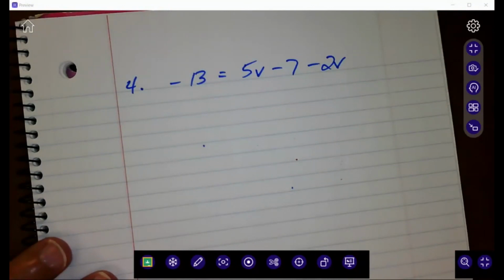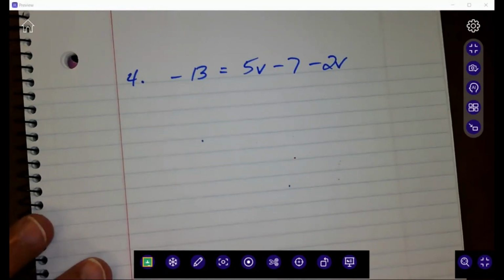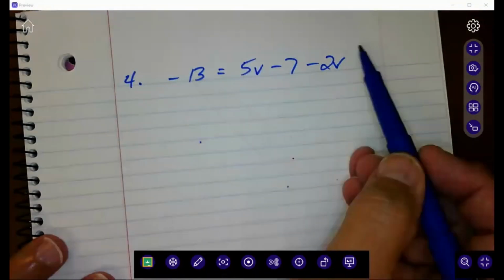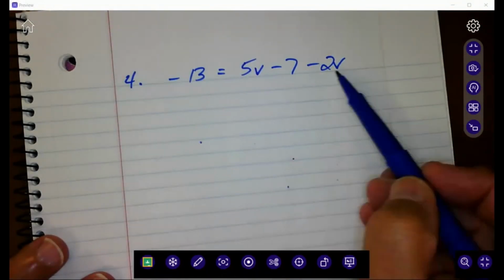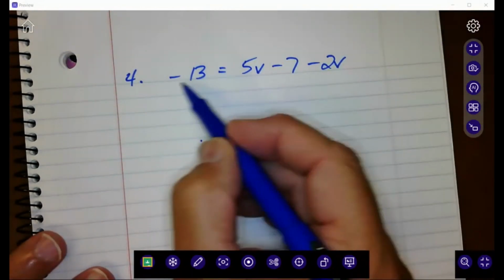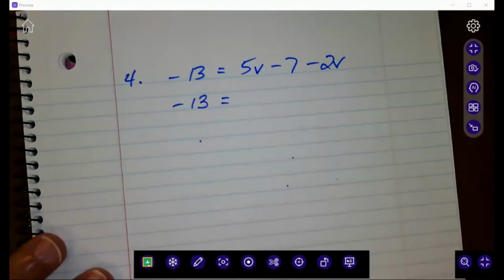On this one, we've got to get our terms together. We don't have any parentheses, but I do have a 5v and a negative 2v on this side. Over here, there's nothing to combine together, so this is still going to remain negative 13.